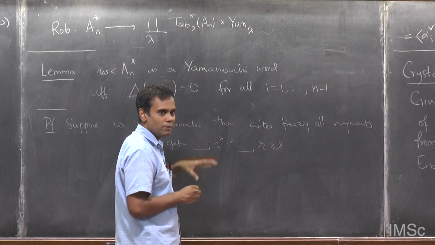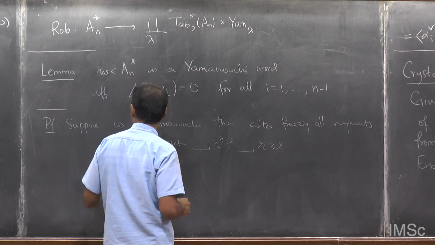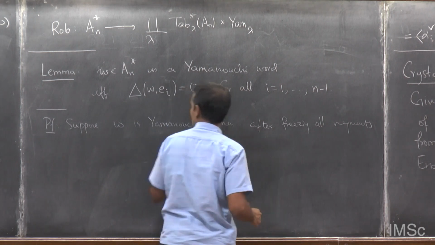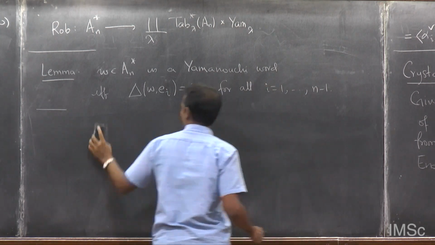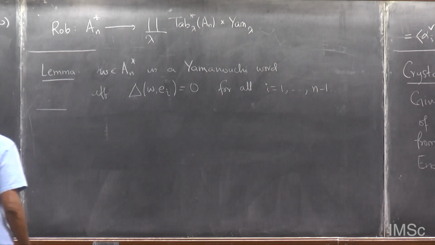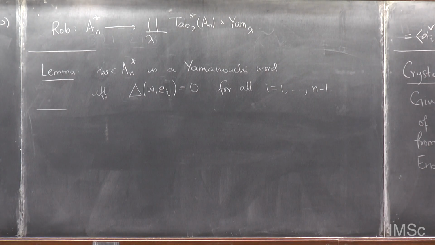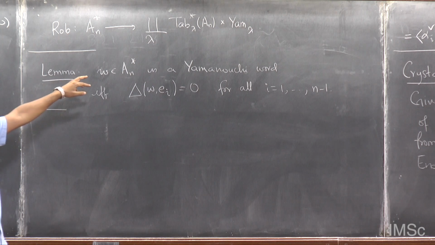So I will leave this maybe for the tutorial. And this word over here is anti-Yamanouchi, in the sense you cannot apply any f_i. So this is an equivalent characterization of Yamanouchi.